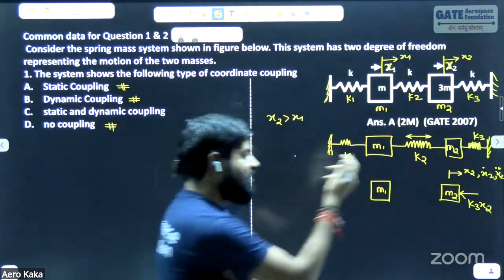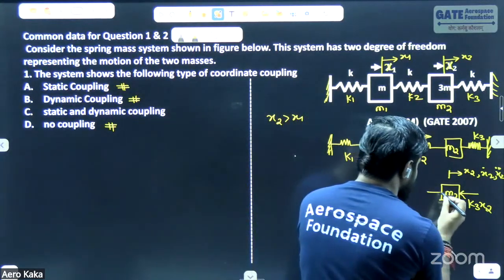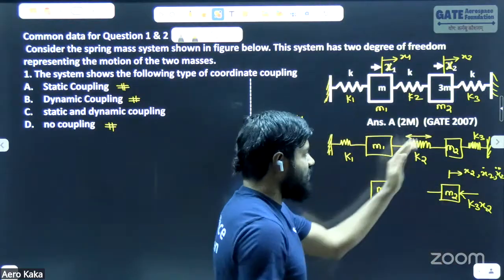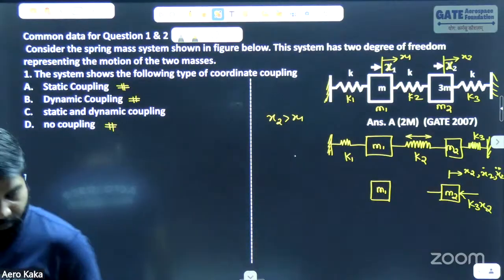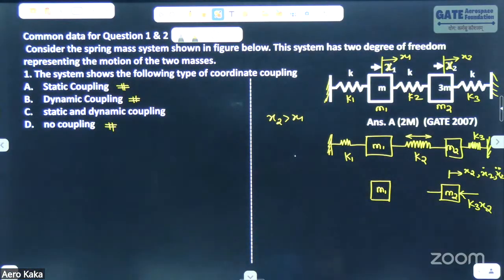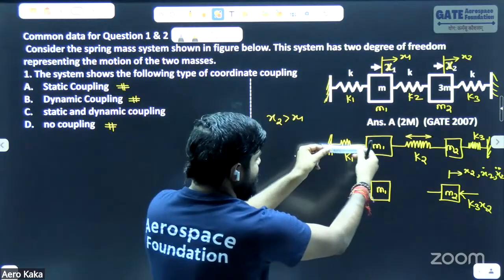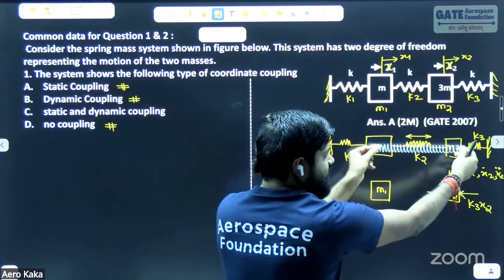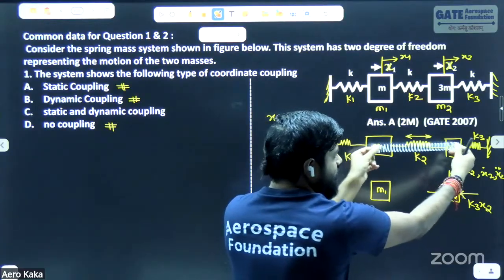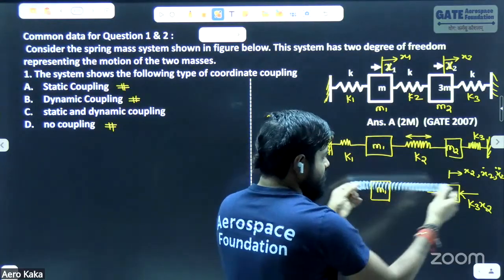Take care. Look, this is a spring. Here is the second spring. Try to understand what's happening here. Okay. This spring is under compression as well as this spring is also under compression. So could you tell me, what is the restoring force, or spring force, going to be? What's the direction? Hello?